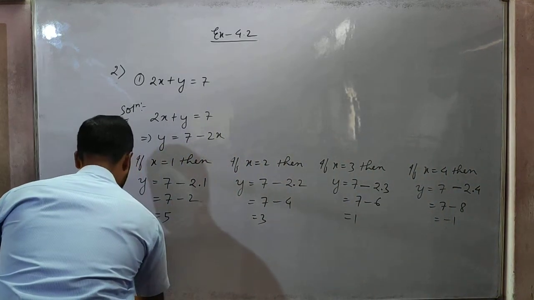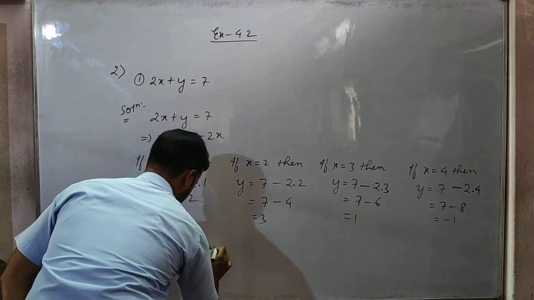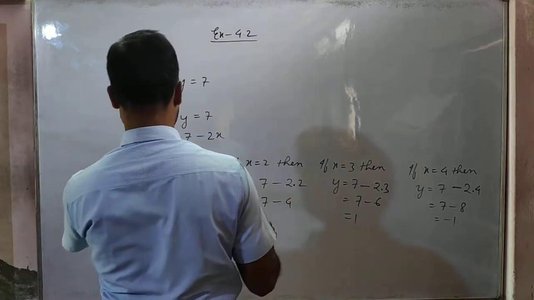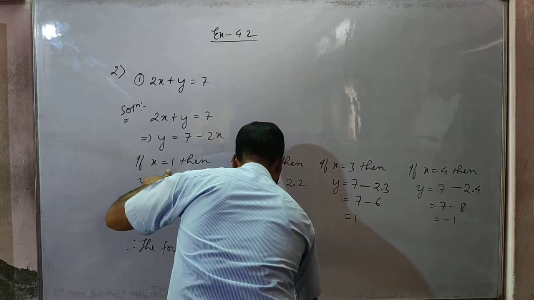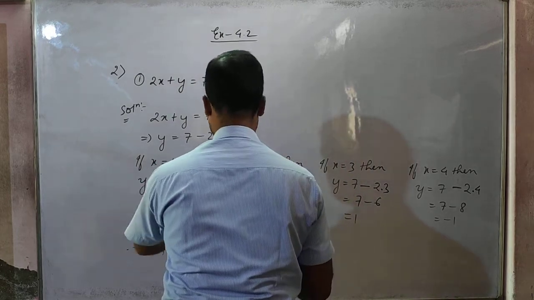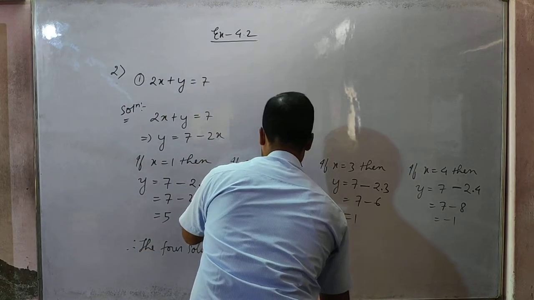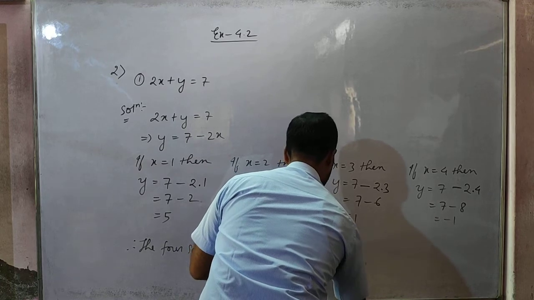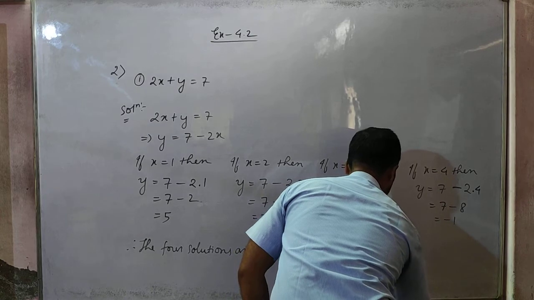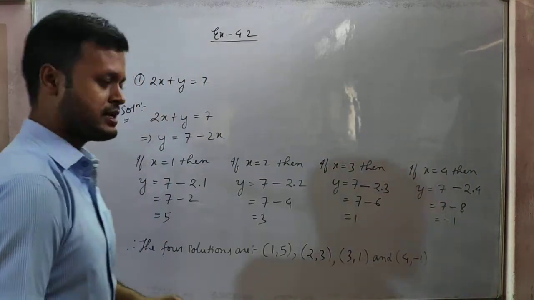Therefore, the 4 solutions are 1, 5, then 2, 3, and then 3, 1, and 4, minus 1. Okay, students.